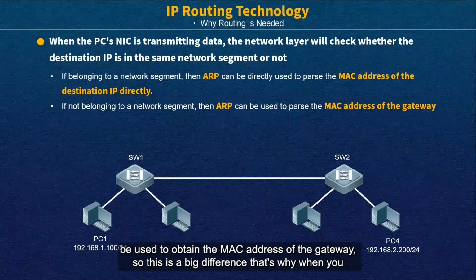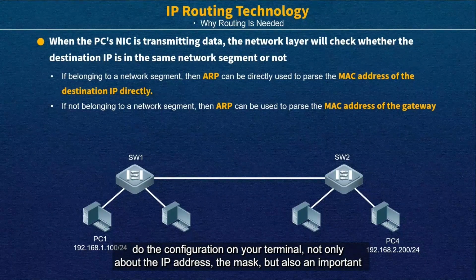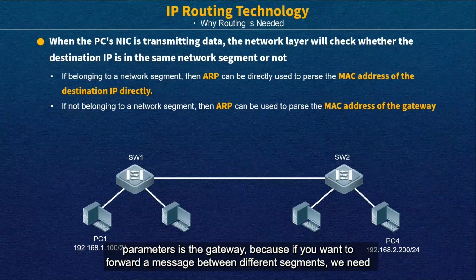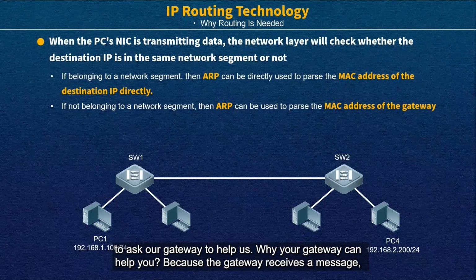That's why when you configure your terminal, it's not only the IP address and the mask, but an important parameter is the gateway. Because if you want to forward a message between different segments, we need to ask our gateway to help us. Why can your gateway help you?